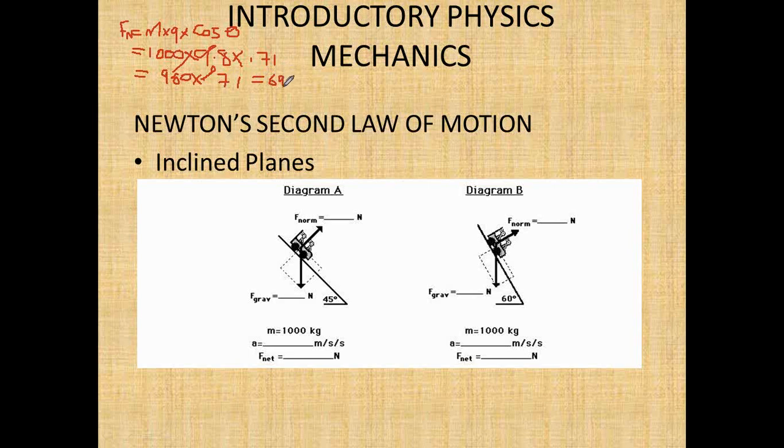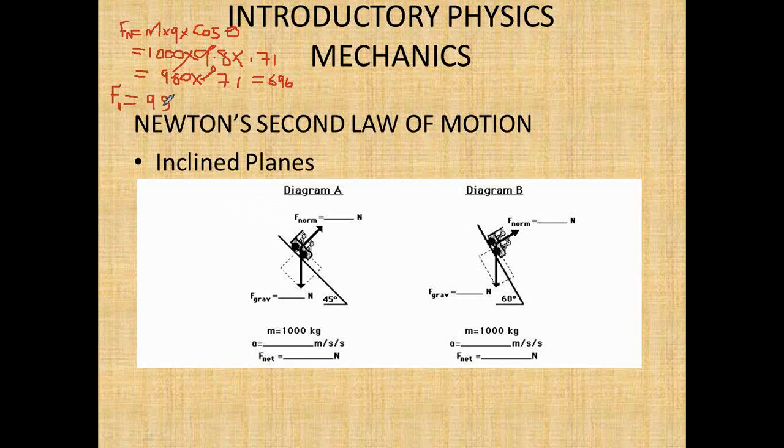The normal force is acting perpendicular to the surface. It's not going to make the object move down the incline. The force that's going to make the object move down the incline is the parallel component of the force due to gravity. That is equal to the mass times acceleration, which is 980, times the sine of the angle.